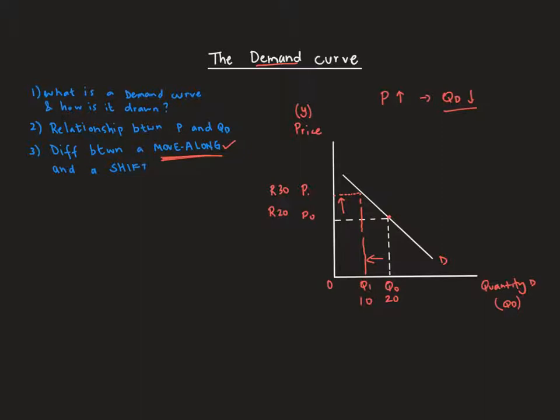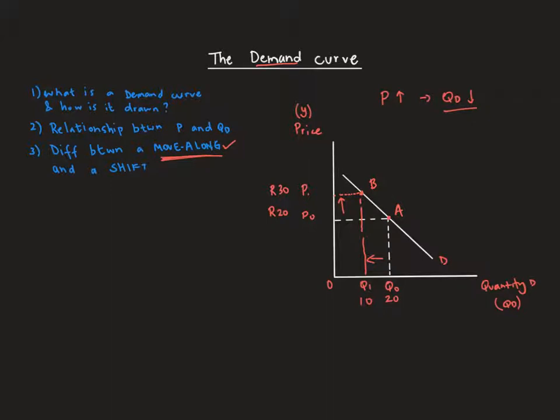Now that we understand the relationship between price and quantity demanded, we can try and understand what the difference between a move along and a shift of the curve is. We'll start off with what a move along is. If you look at this graph, we see that the movement happens from point A, which is your starting point, all the way to point B, staying on the demand curve.